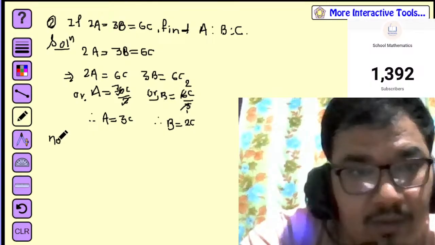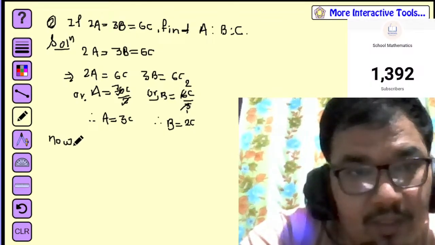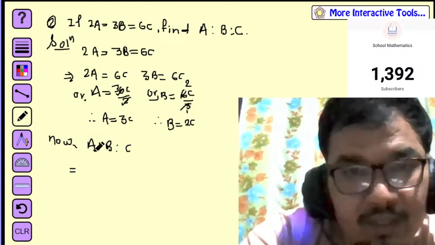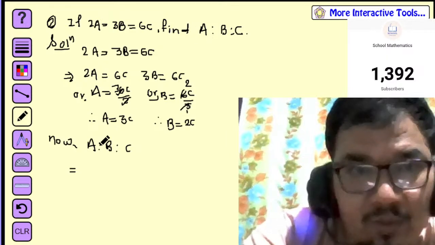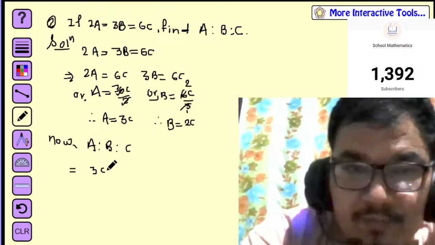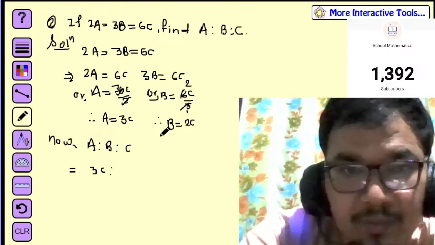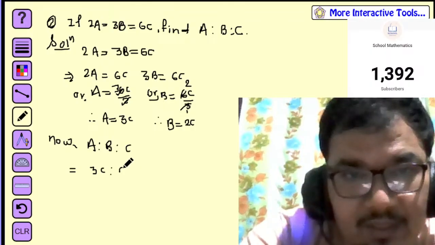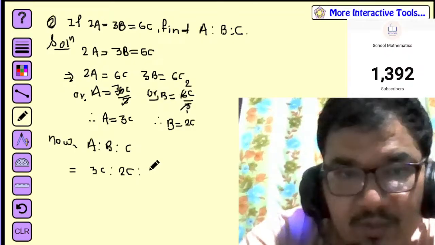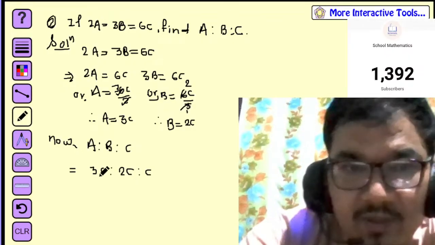Now here we use a is to b is to c. Put the value of a, which we found, 3c, and is to b, which is 2c, and is to c, which is already in terms of c.